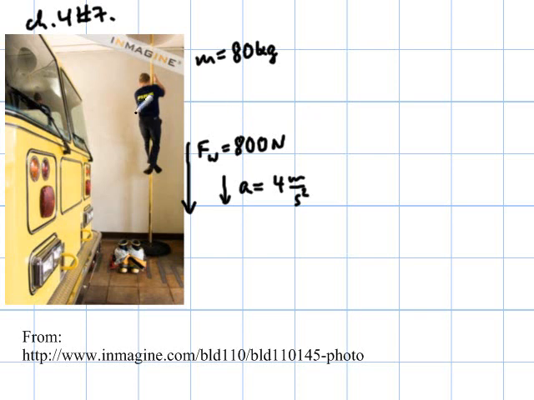But he's not, because there is of course friction on the pole. So this one up, which we're supposed to figure out. And the way to do that is to say, okay, we have a number of forces that equals mass times acceleration.